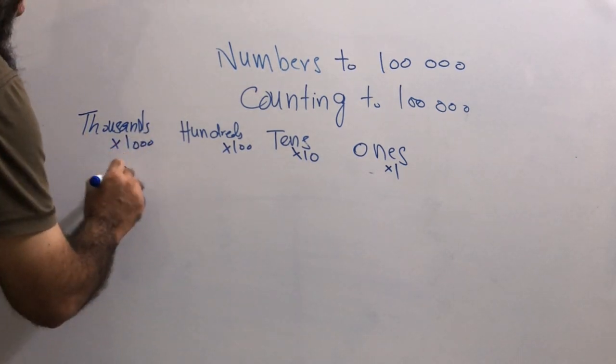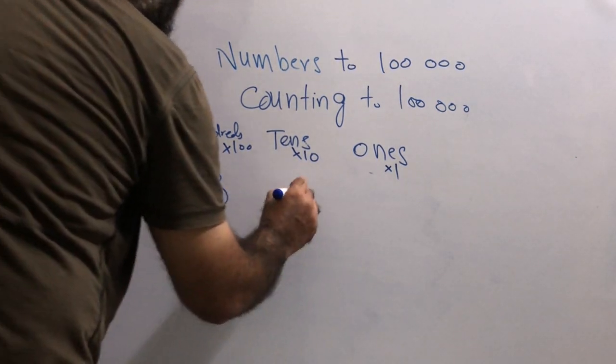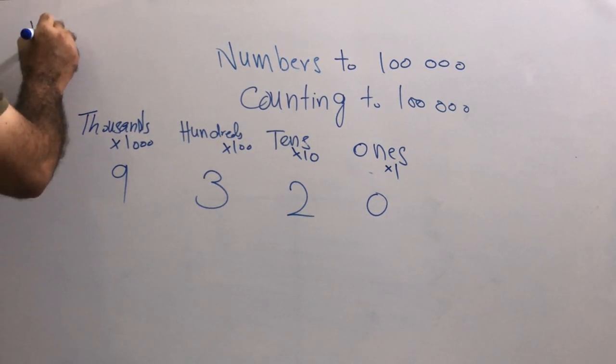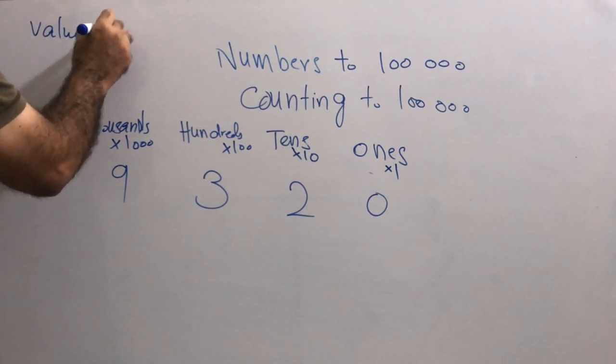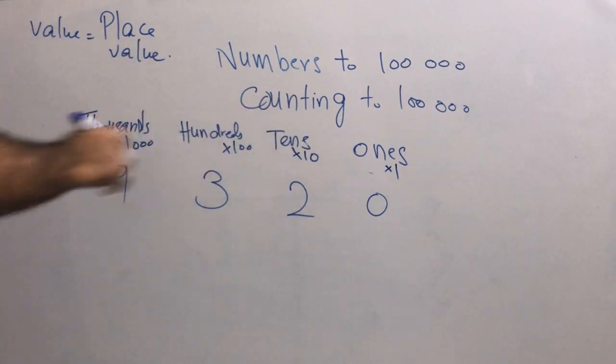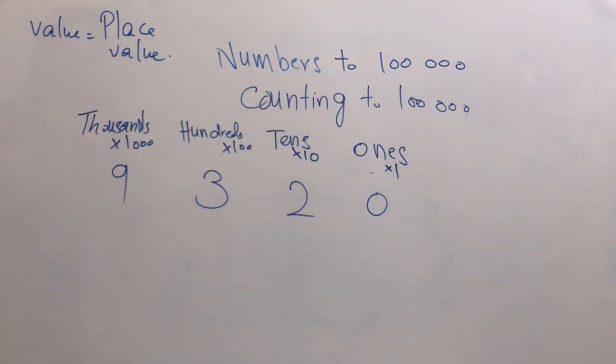So let's start. 9, 3, 2, 0. This is a number 9320. So we need to find the value in place value. Okay, the value of a number is also called place value. We are here finding the place values of numbers.